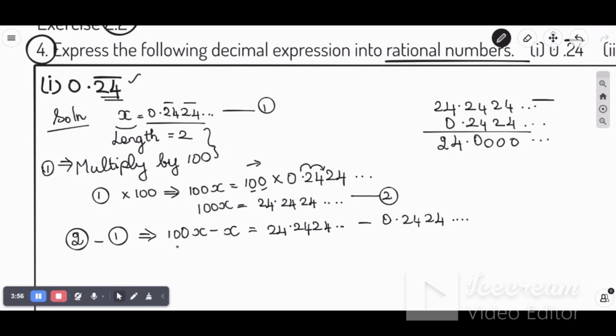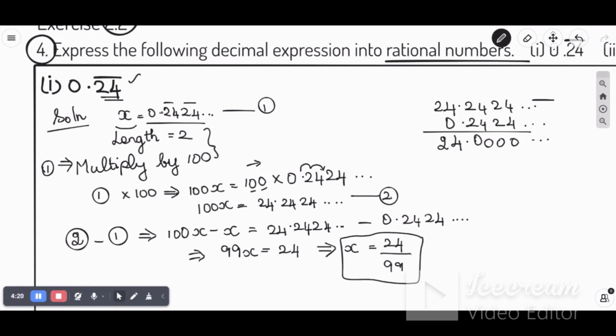Now the left hand side is nothing but 100x minus x, which is 99x, and that should be equal to 24. Now if you could see, x will be equal to 24 by 99. This 99 comes down. So this is your answer. So x is equal to 24 by 99.